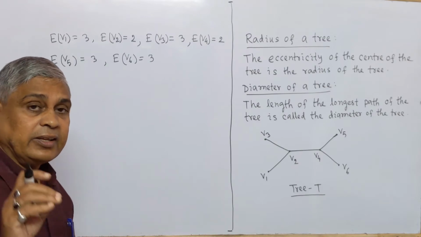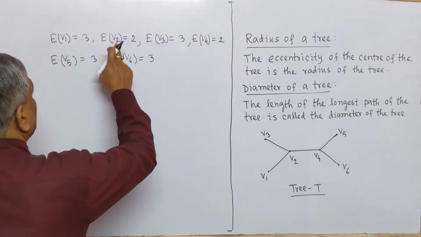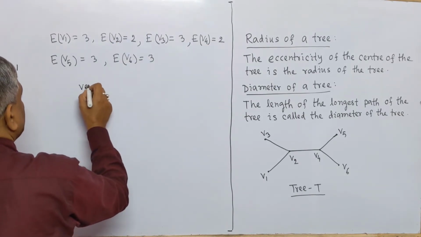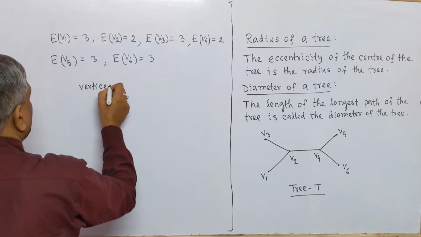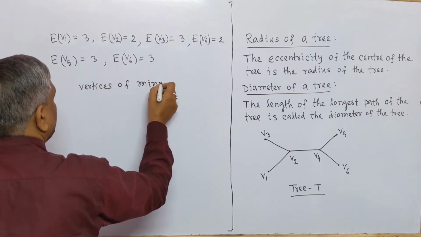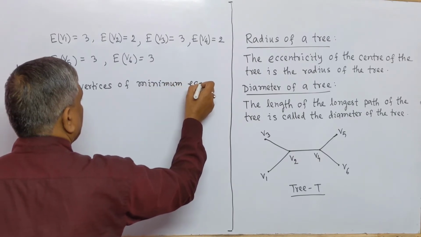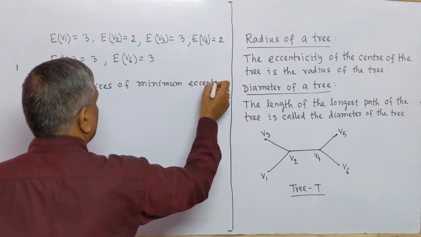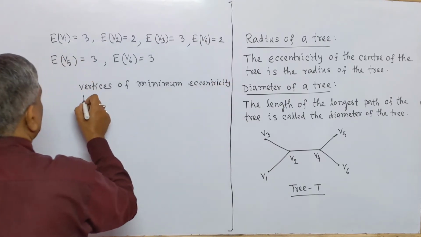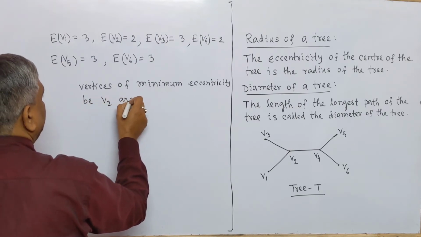Here the vertices with minimum eccentricity are V2 and V4.